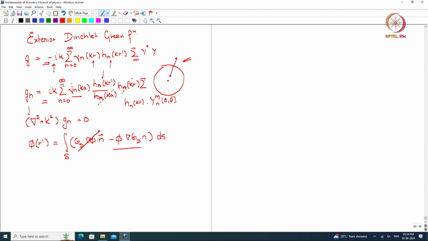Okay, so how does del G_d by del r look like, evaluated at r equal to a? Let's see, we have derivatives from here and here.